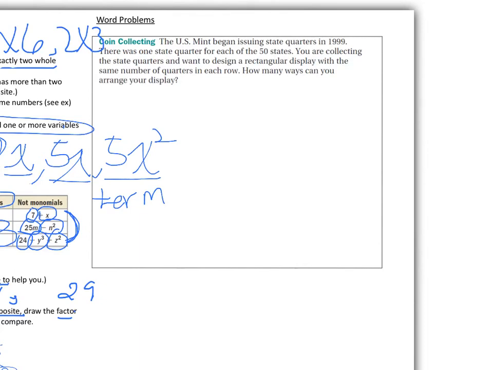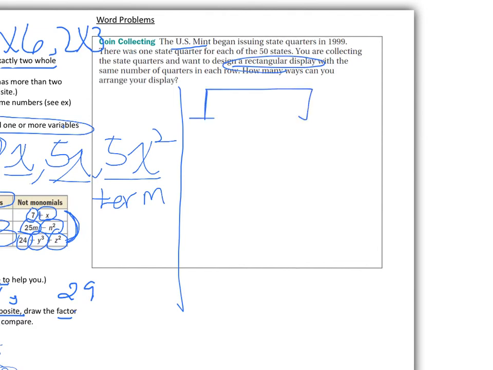Can't seem to erase this. That's okay. Why don't I just draw a line here so you guys don't get confused? Okay. Coin collecting. The U.S. Mint began issuing state quarters in 1999. There was one state quarter for each of the 50 states. You are collecting the state quarters and want to design a rectangular display.